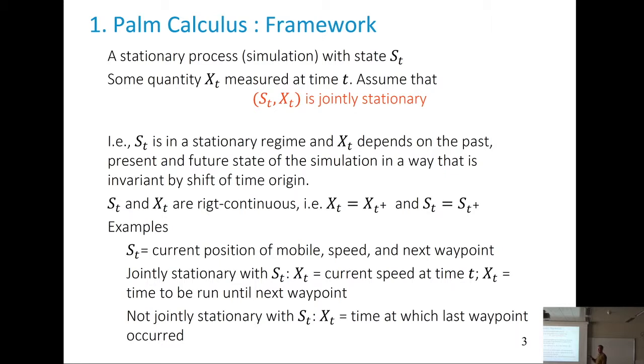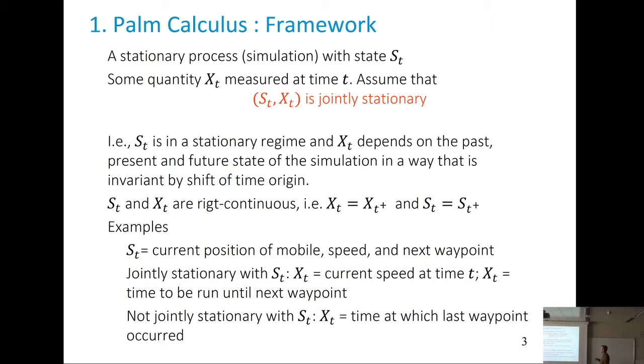If I decide that time 0 is now or 20 minutes ago, the value of X will not change. Things that would violate this assumption is, for example, the absolute time at which the last waypoint occurred. I'm asking a mobile now, at which time did you start your trip? So this question, of course, is not satisfying this assumption.